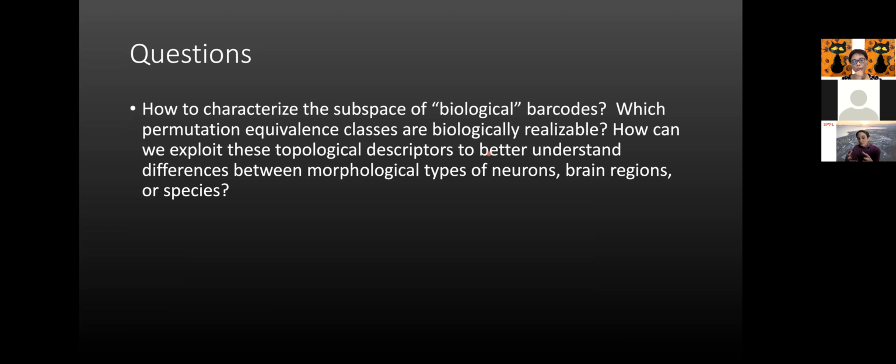And then we'd like to be able to exploit those particular descriptors in order to say, well, can we distinguish between morphological types of neurons, or neurons coming from different brain regions, or from different species? I think there's a lot of potential for interesting biological insight in finding some characterization or description of the subspace of which barcodes are actually biologically realizable.